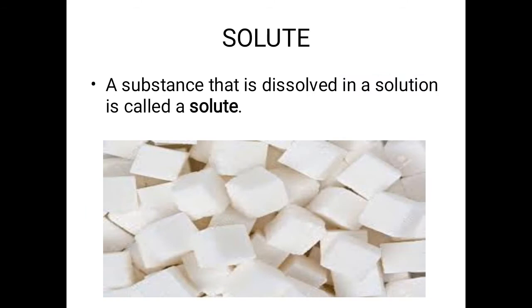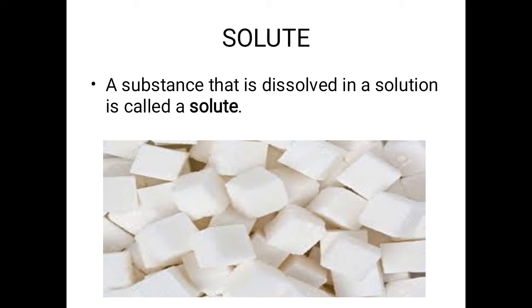First, we understand solute. If someone says start dissolving sugar in water or dissolve salt in water, we will understand this very quickly because we know the substances. But when we ask what a solute is, it needs a proper definition.